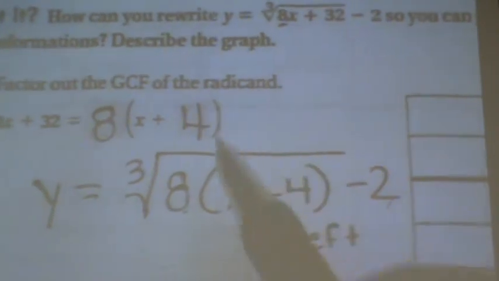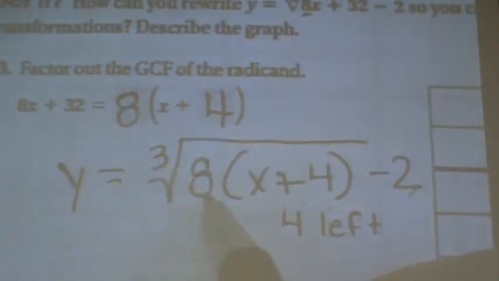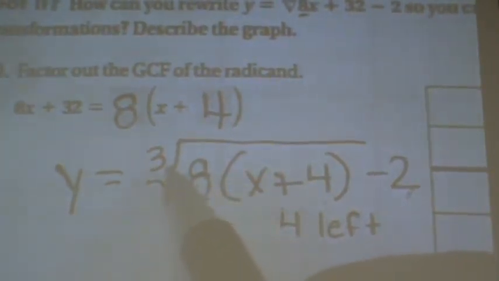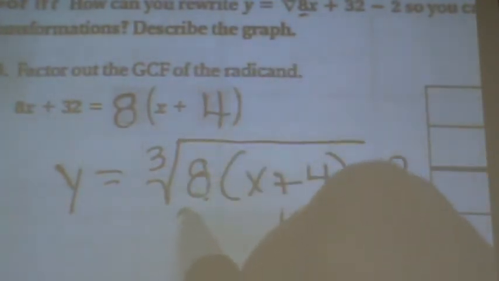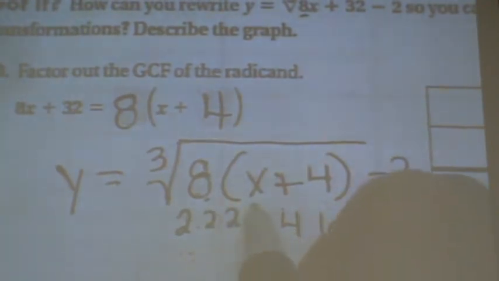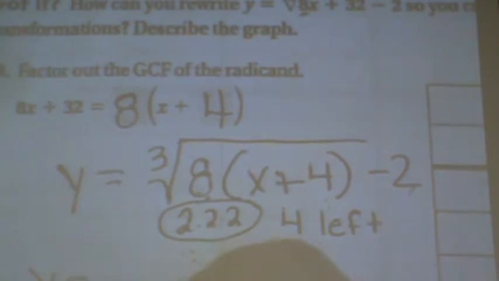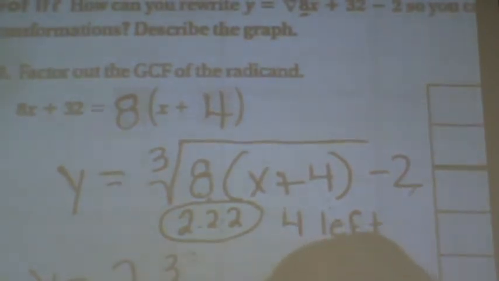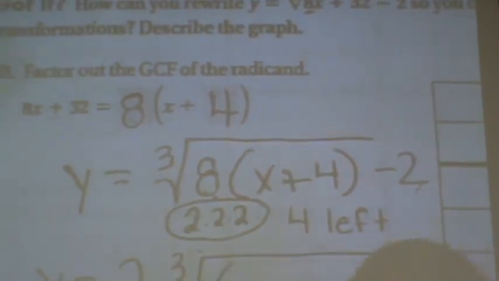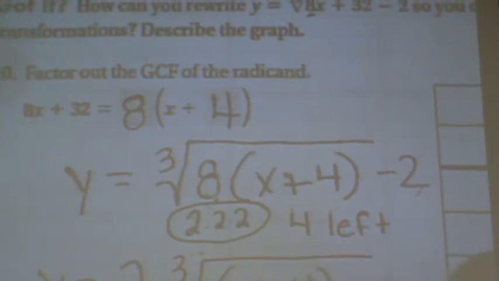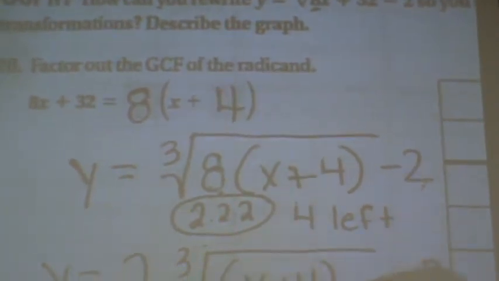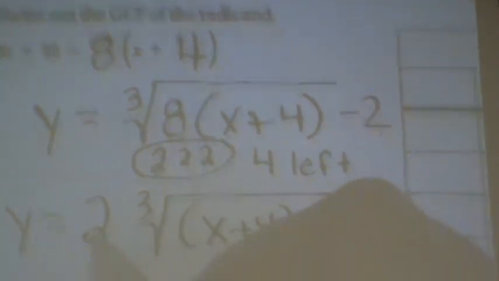But I've got a suggestion. Can you take the cube root of 8? This is a product. What is the cube root of 8? 2. See, 8 is 2 times 2 times 2, you have 3 2's here. You can take this out, we just learned this. So guess what we now have? Vertical stretch. Yep, you're going to multiply your y values by 2.